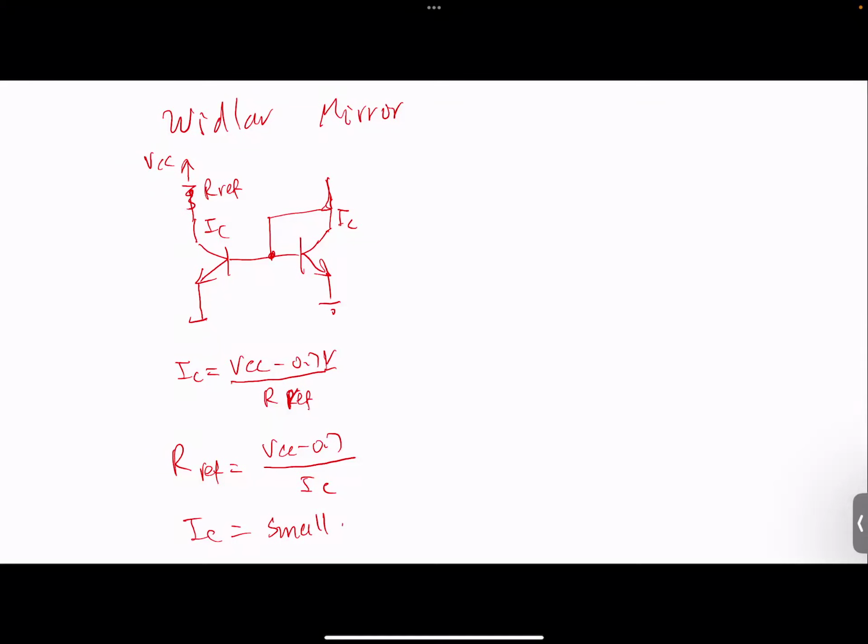So Widlar found this very interesting method. Instead, I'm going to do this.